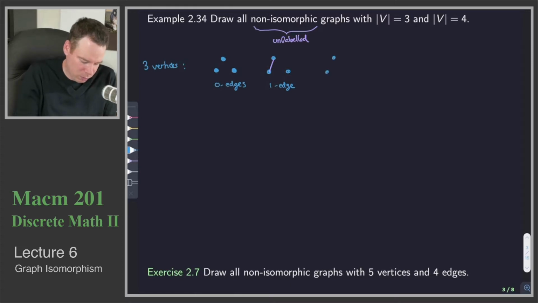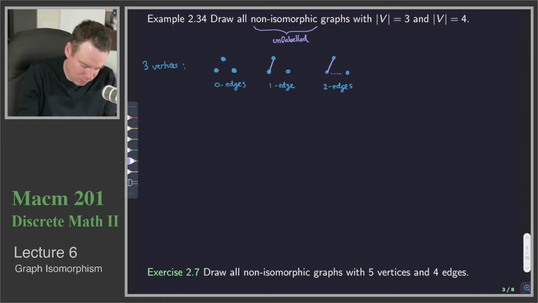So how about 2 edges? Notice that I have to list or draw them all, so I'm doing it in a systematic way, in terms of the number of edges that I'm using. I've dealt with the 0 edge case, I've dealt with the 1 edge case. Now I want to draw the 2 edge case. What does it look like? Well, there's going to be 1 edge, and then there's really 2 choices left.